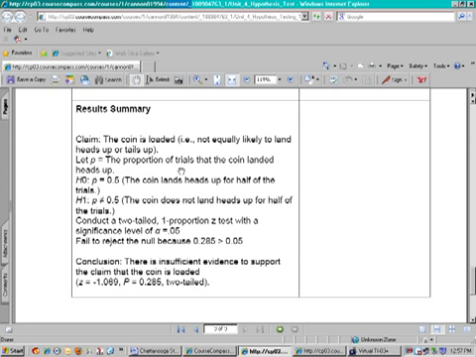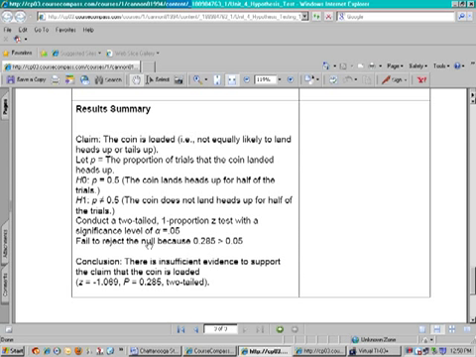Notice P is the proportion of trials that the coin landed heads up. In your original problem, that was a success if it landed on heads, not tails. Now, P equals 0.5 was our null. The alternative was not equal to 0.5. This corresponded to the coin is loaded. He was saying, hey, it's not equal to 0.5.